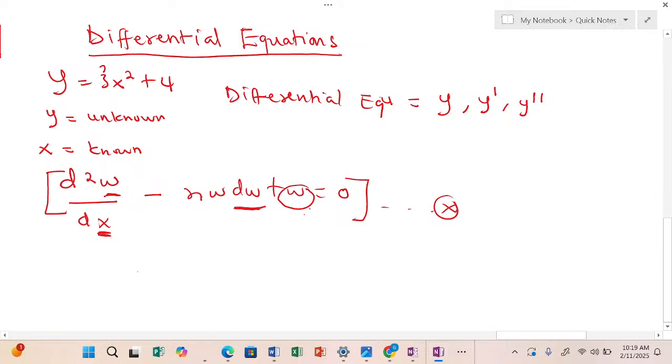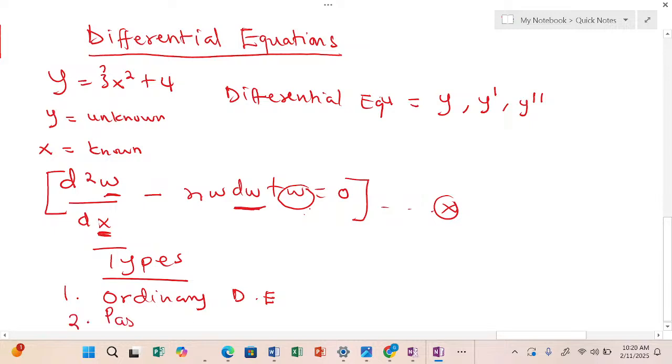So we actually have two types of differential equation. Talking about types, we have the ordinary differential equation, here represented by ODE, and we have the partial differential equation. That's when we are grouping them with respect to types.